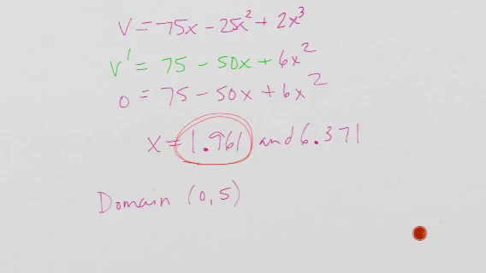So 1.961 is my maximum height, or the maximum amount I can cut out of those corners in my picture. And then my maximum volume, if I take that height and I plug it back in up here for volume, my max volume at that point is 66.02.